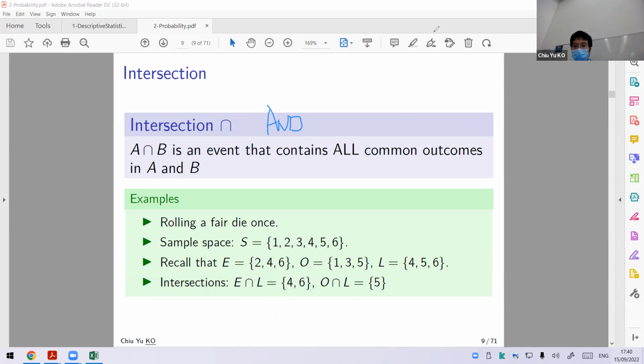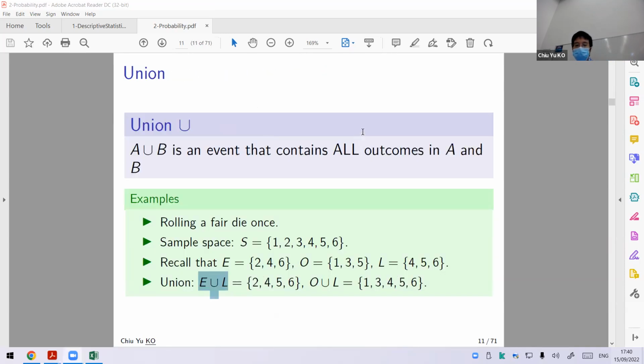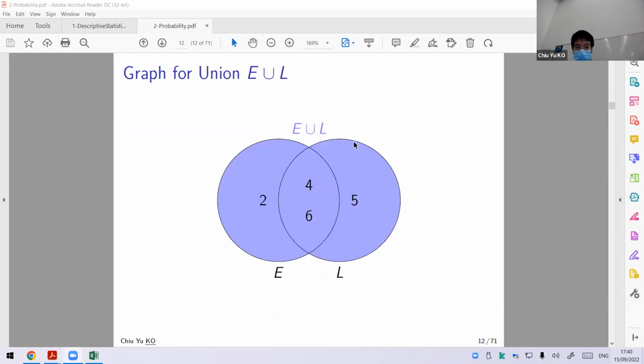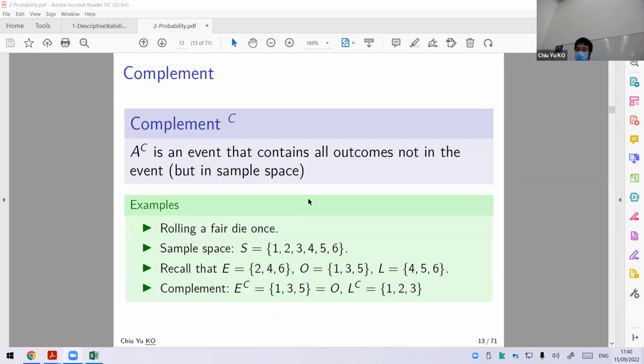One is called and, one is called or, but I'm not going into detail on that. So union is or, so it takes everything there. And complement refers to the idea in logic called not.